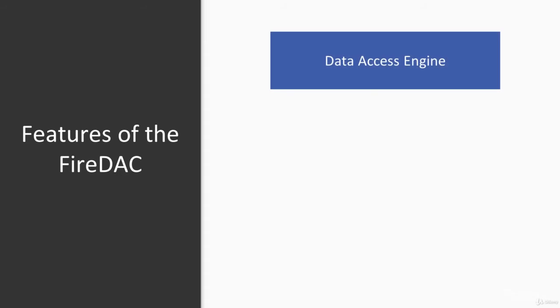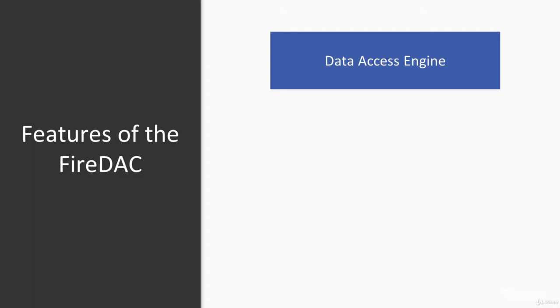Features of FireDAC. FireDAC datasets are built on top of a powerful data access engine. This lightweight, effective, and flexible engine can be used directly in applications and servers as a powerful foundation to the datasets API.